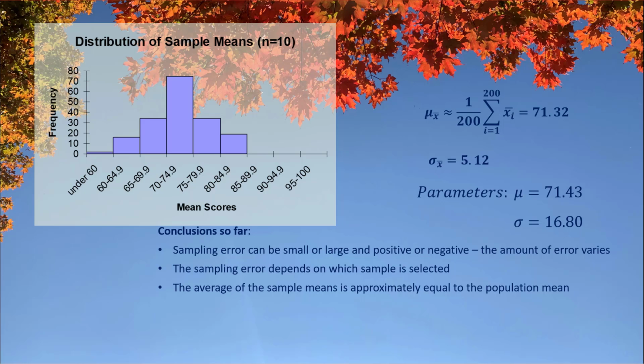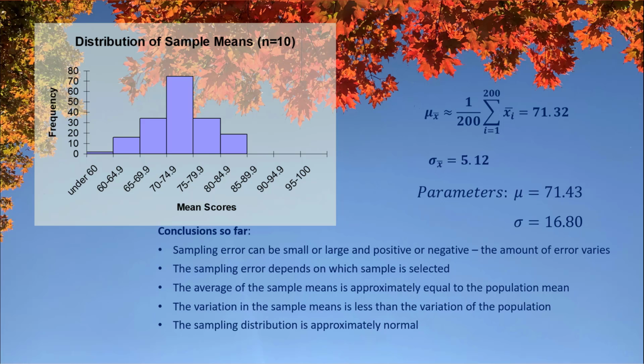It seems to be getting closer this time. The variation in the sample means is getting less compared to the population standard deviation. And again, the sampling distribution is approximately normal.